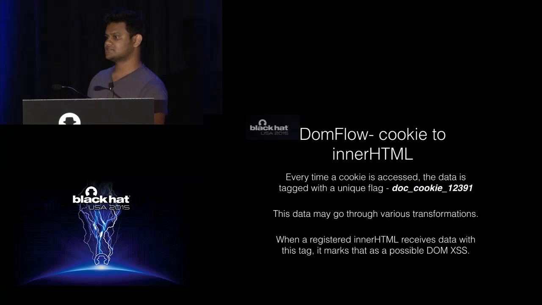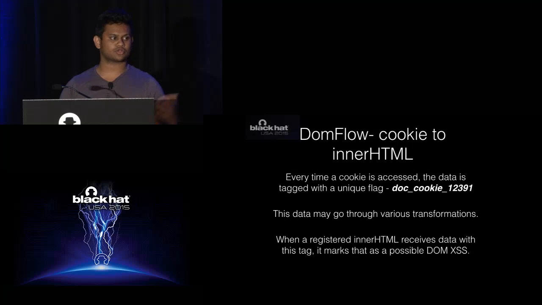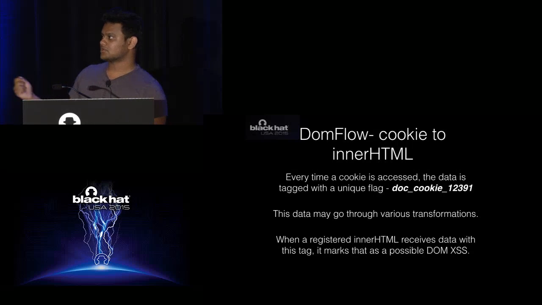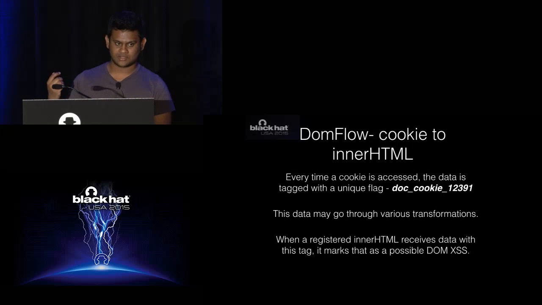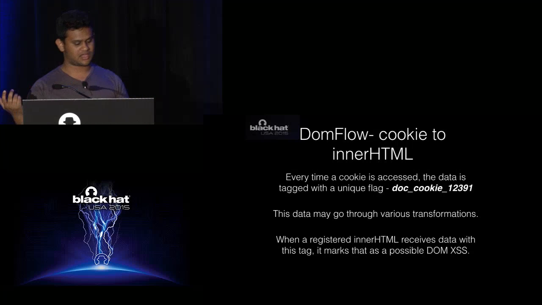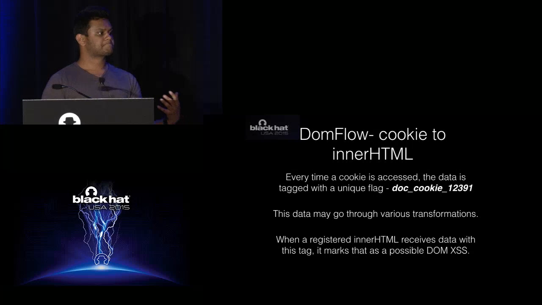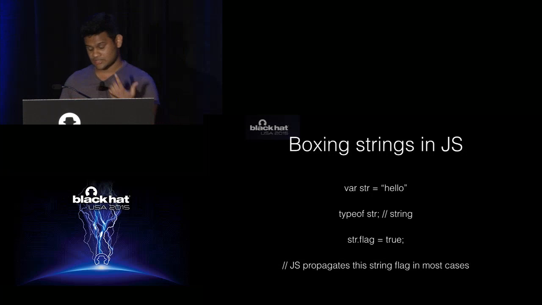Thinking of a simple example, if you have a document.cookie which goes through different methods and ultimately ends up in some div.innerHTML, every time the cookie is accessed, that specific data is tagged with a flag which says, okay, I am doc cookie with a certain flag, and it goes through transformations, and ultimately when the innerHTML sink registers look at this, they understand what's happening here. So that's one way of doing it.